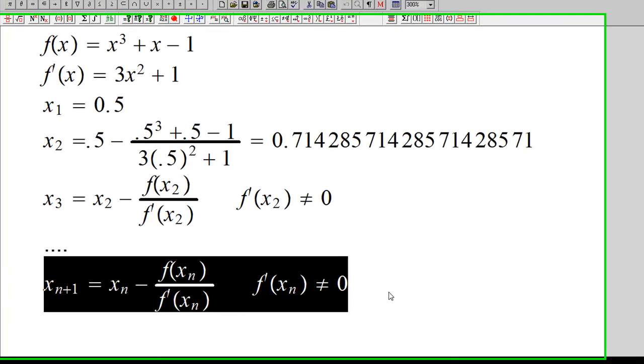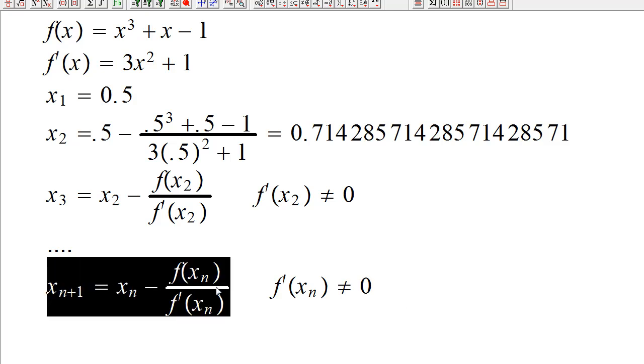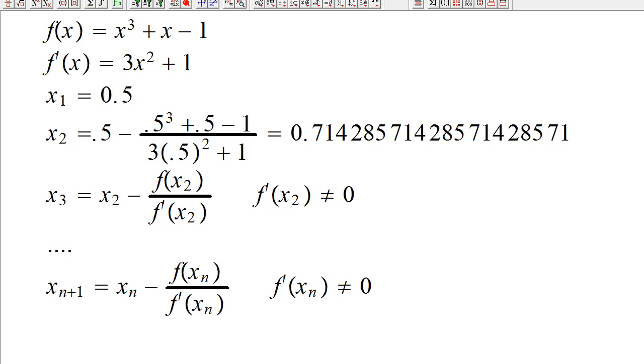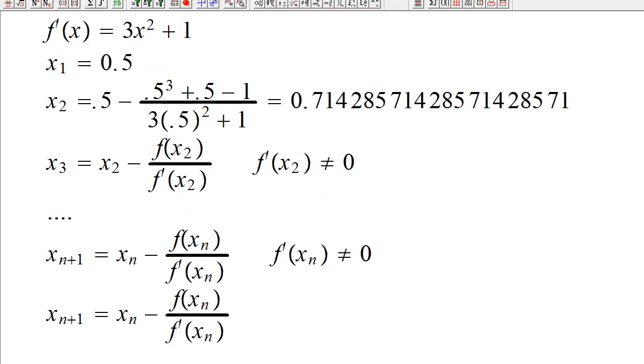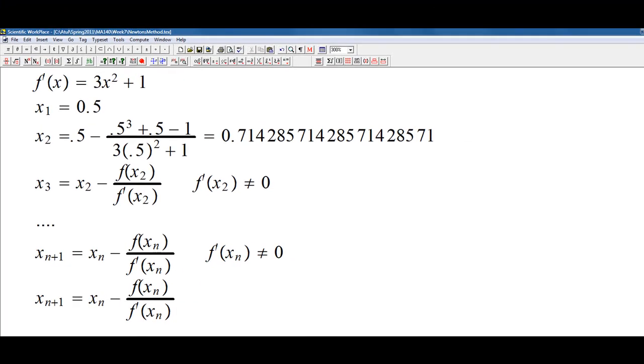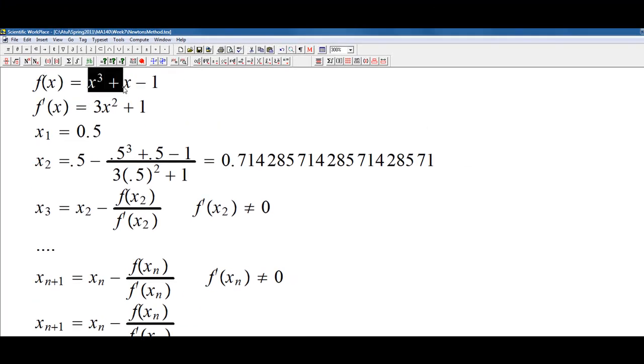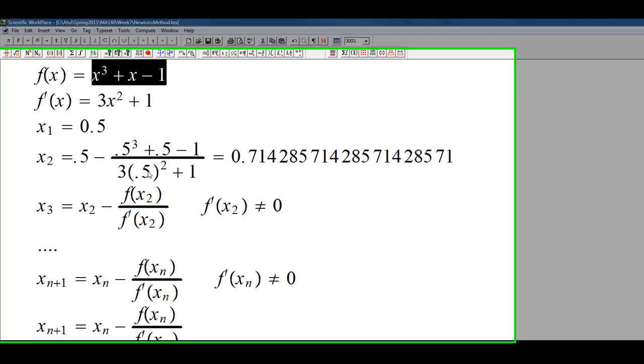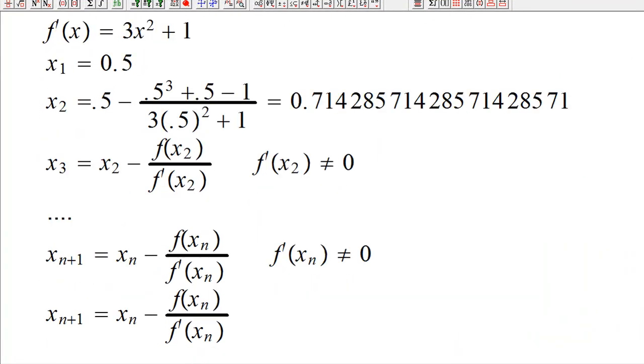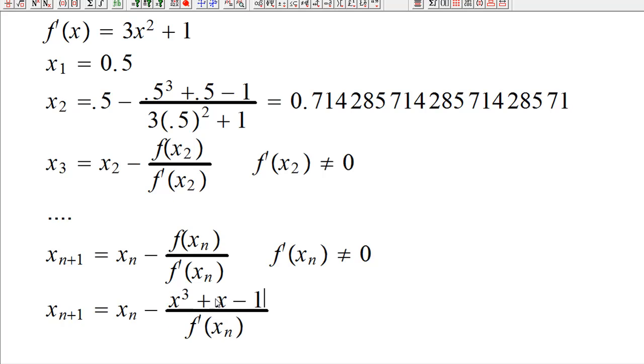Okay, so for the function that we chose to work with, if we write everything in terms of that function, then in the numerator I have the function at x sub n. Let me write it down for you.